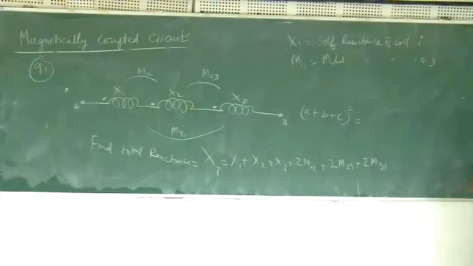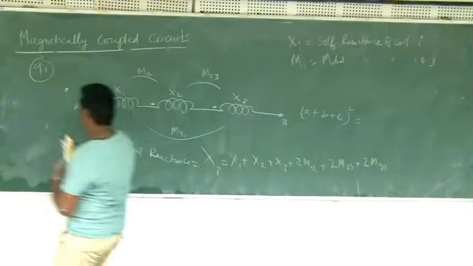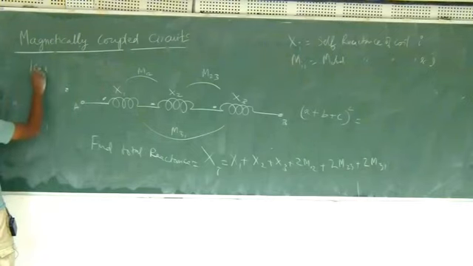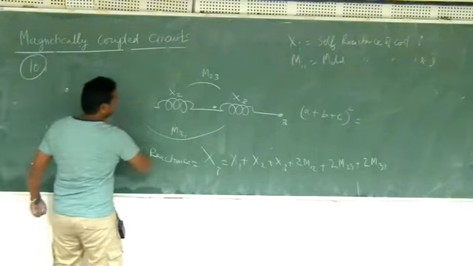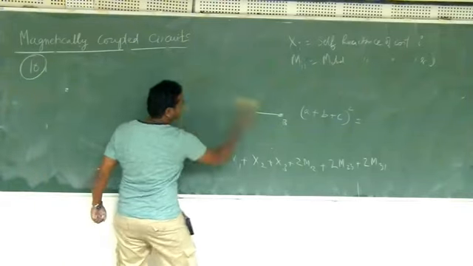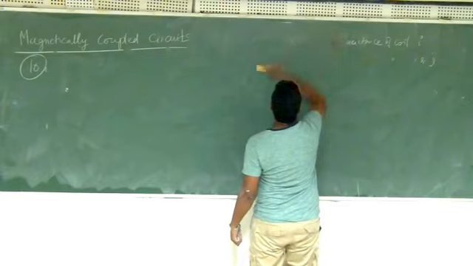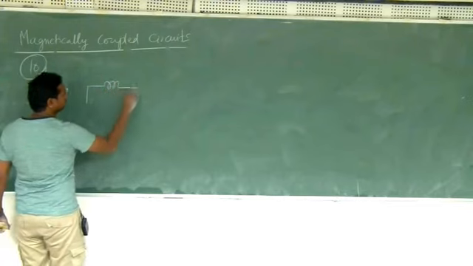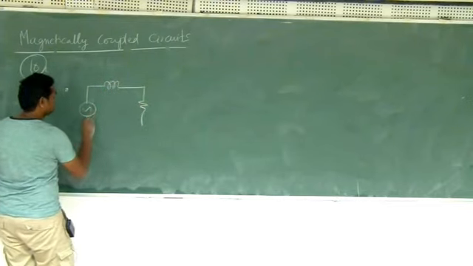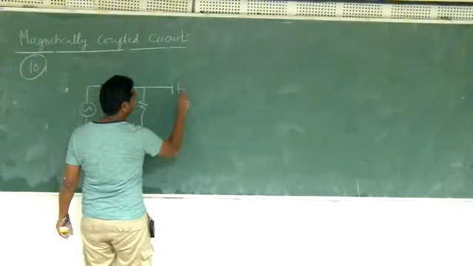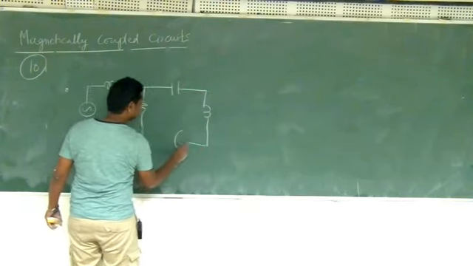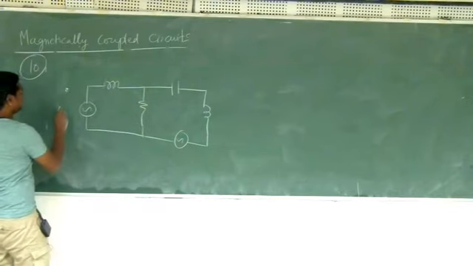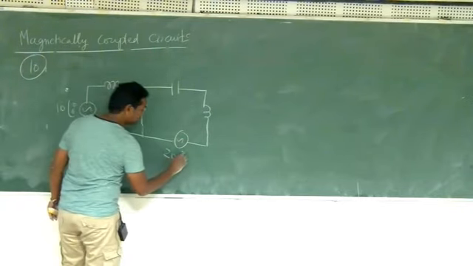Just to make it a round figure, and we have just a little amount of time, I'll write the 10th problem and then I'll give it as homework. Again, this is a problem on mutually coupled circuits. See, it is like this. 10 at 0 degrees and then 20 at 0 degrees.